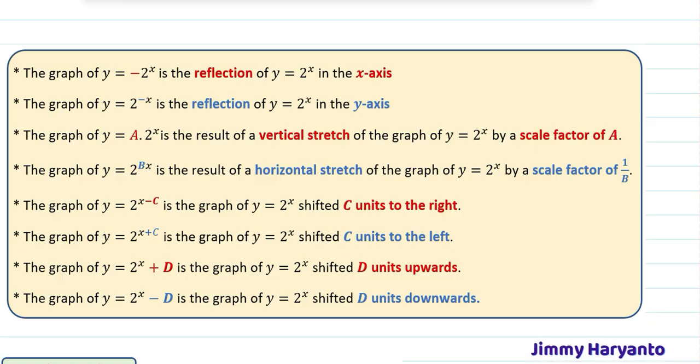You shift 2 to the power of x d units upwards, and negative d means d units downwards. So this is the concept of transformation. Actually, this one is not in your book, but I want to teach this material to you.